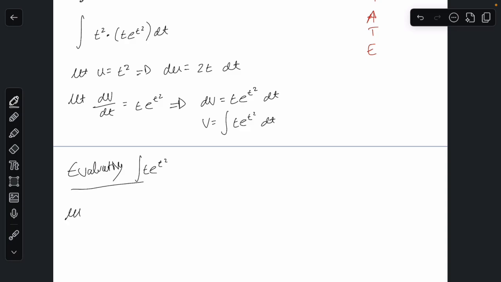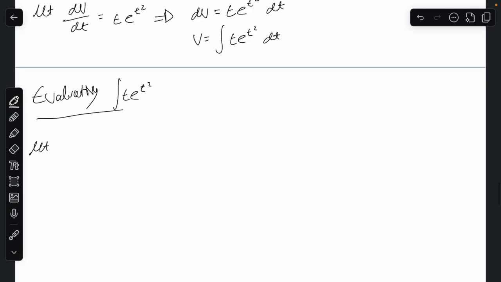Okay, so if I say let u1 equal t squared here, I therefore get what?